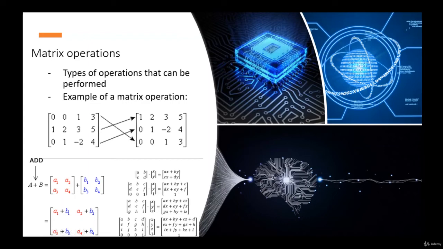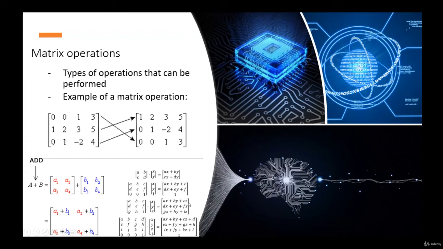As I said, the second type of operation that you can perform with matrices is the addition. In this case, we'll have an addition right here, so it's pretty simple to understand. Really important, the matrix size should be the same. In this case, the matrix size is 2 by 2. So you cannot make an addition of a 2 by 2 with a 3 by 2, for example.